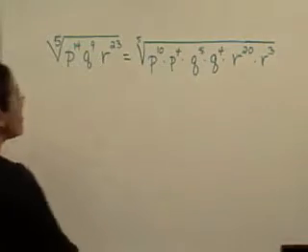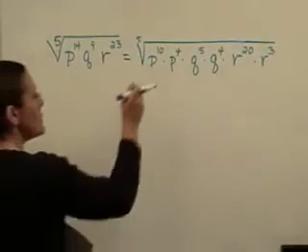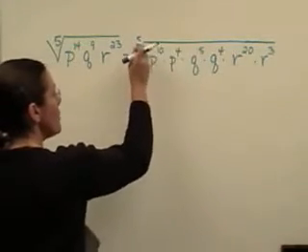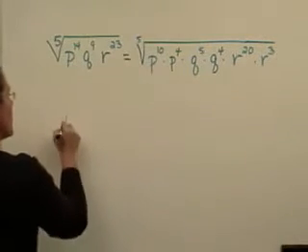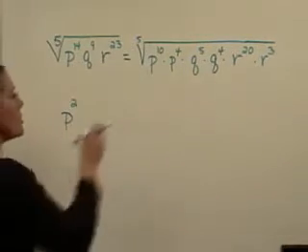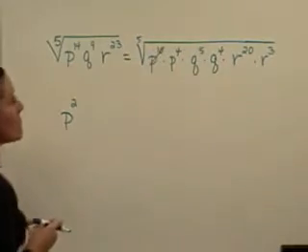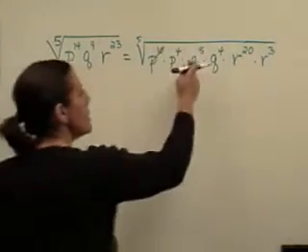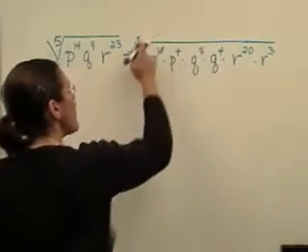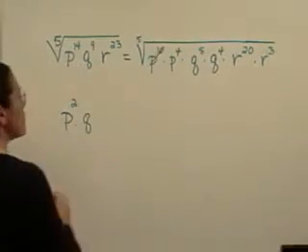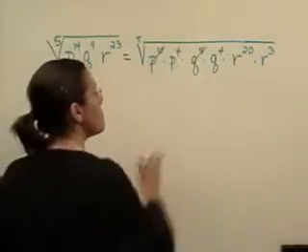Now I'll go ahead and simplify, and so I'm going to take this p to the 10th first. 10 divided by 5 is 2, so I've simplified that because that would have been 10 p to the 10 fifths. Q to the 5th, the 5 divided by 5 is 1, so I'll have q to the 1st, taking care of that.